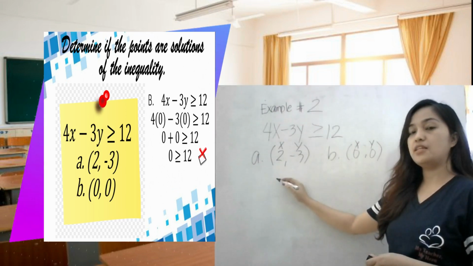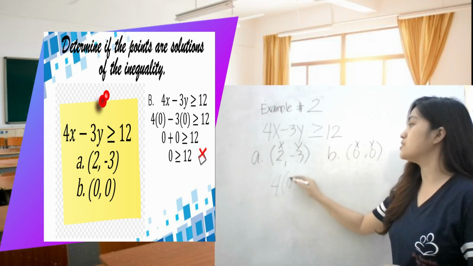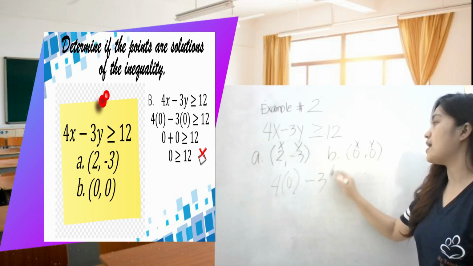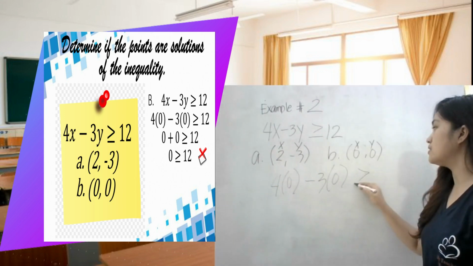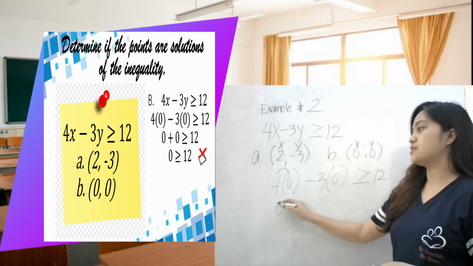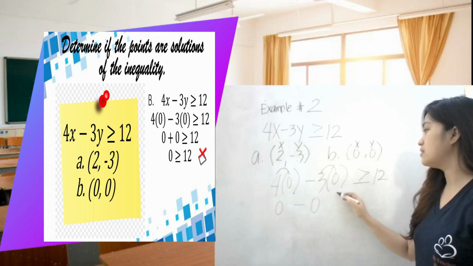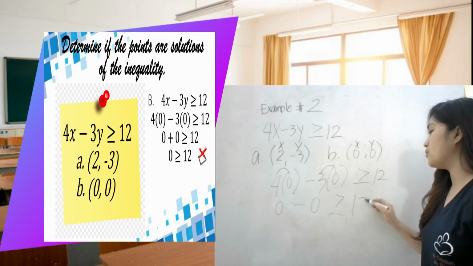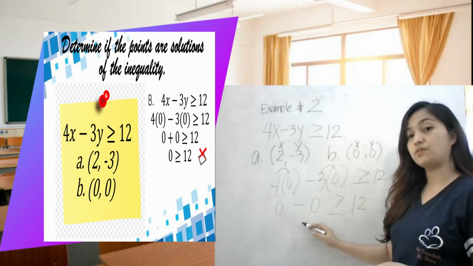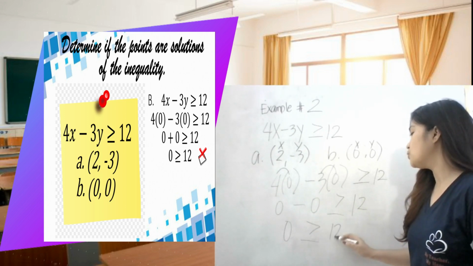So, substitute lang natin si 0 and 0 kay x and y. So, we have 4 times 0 minus 3 times 0 is greater than or equal to 12. 4 times 0, the answer is 0. Minus 3 times 0 is 0. 0 minus 0, automatic 0 din yan. Is greater than or equal to 12.